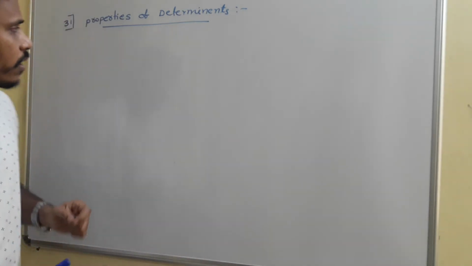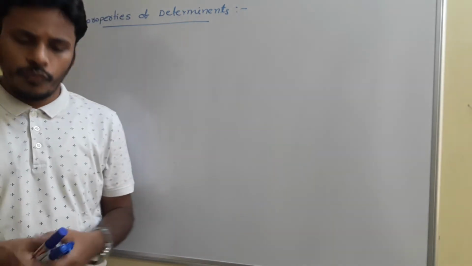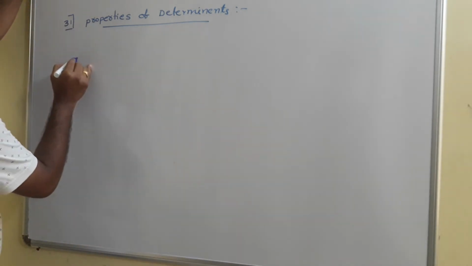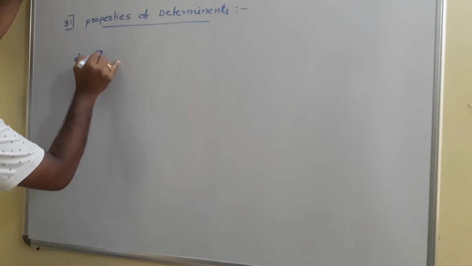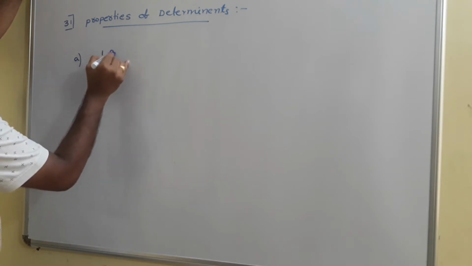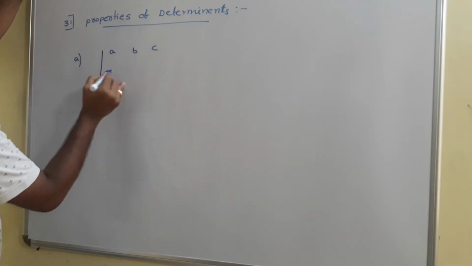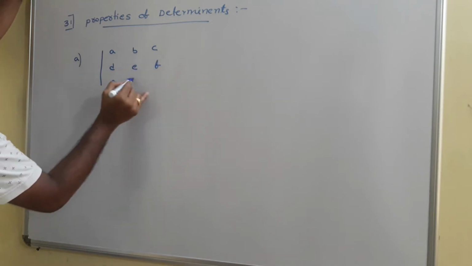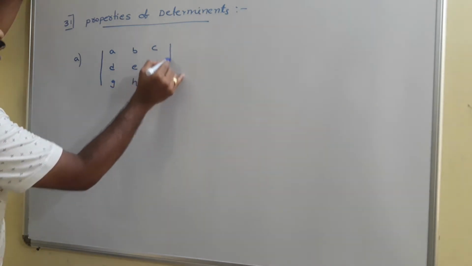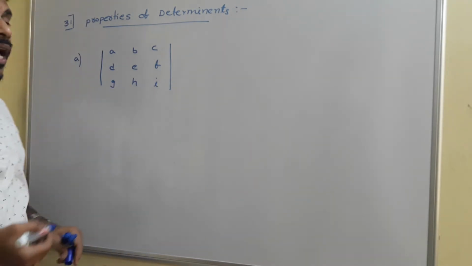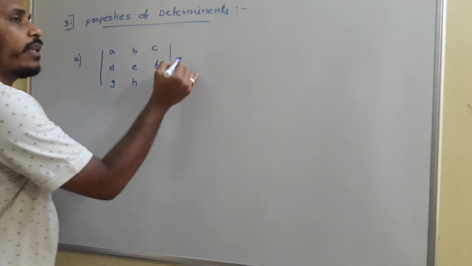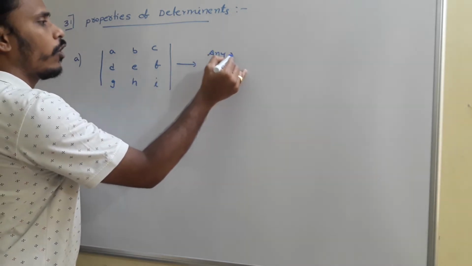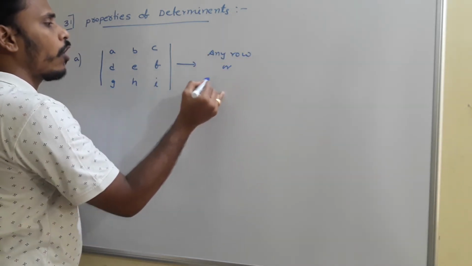Now in this 31st point, we are going to find out some more properties related to determinants, and among those, the first one you may call A. Suppose we are going to find the determinant of this matrix A, B, C, D, E, F, G, H, I. As we mentioned, to find the determinant, we need to follow any row or any column.